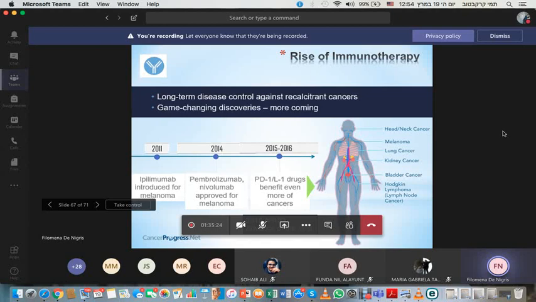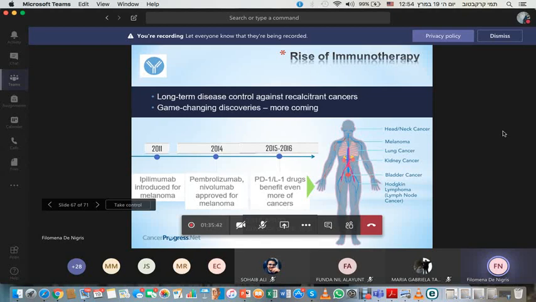So this is a very novel therapy, currently at a very advanced stage, and is a helpful therapy to treat lung cancer and melanoma.